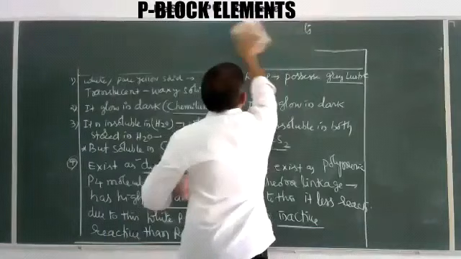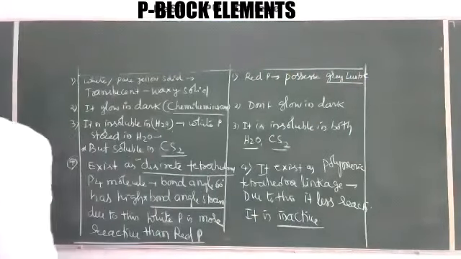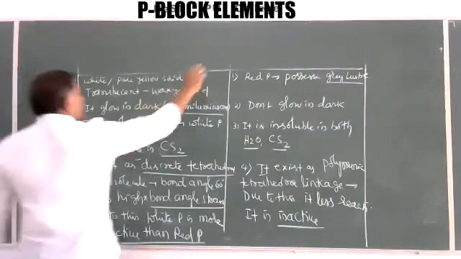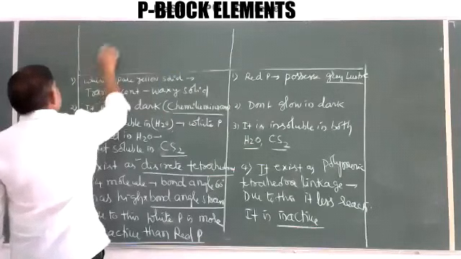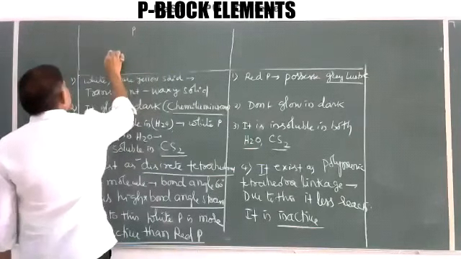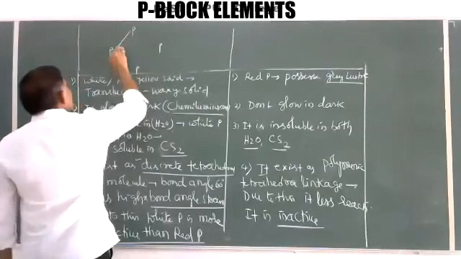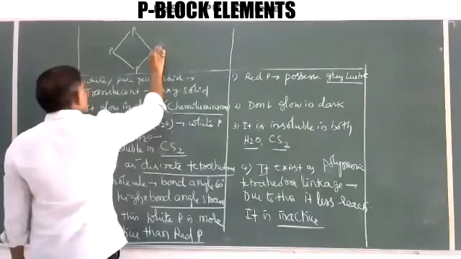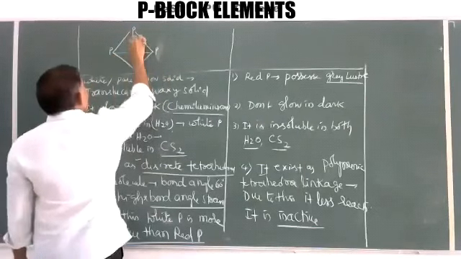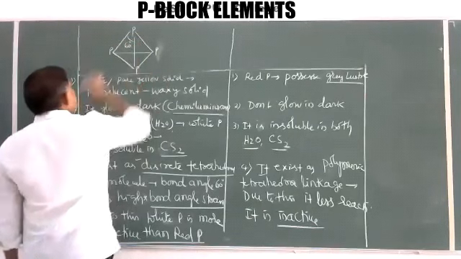I'll note this on the table also. The white phosphorus structure is like this. This is P, and this is P, and here P. These are tetrahedrally arranged like this. Here a bond, and here a bond. The bond angle is 60 degrees.